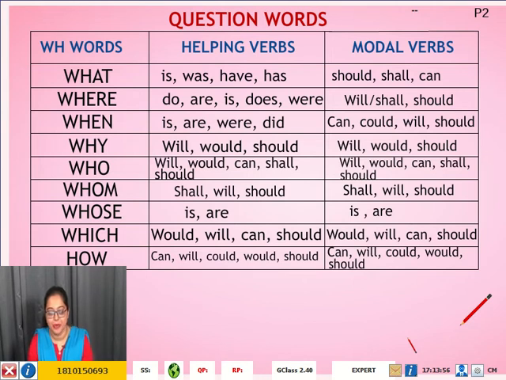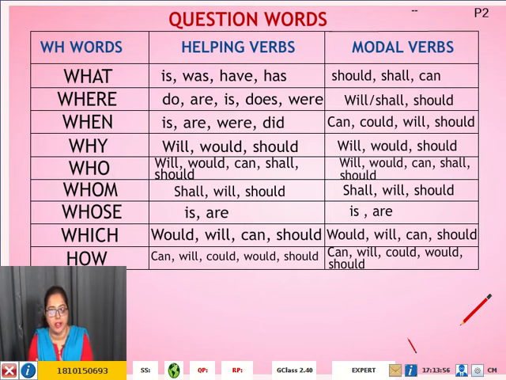Next you see which: would, will, can, should, and the modal verbs are also would, will, can, should. It's the same. You need not change it. And the last one is how: can, will, could, or should. This is also the same.